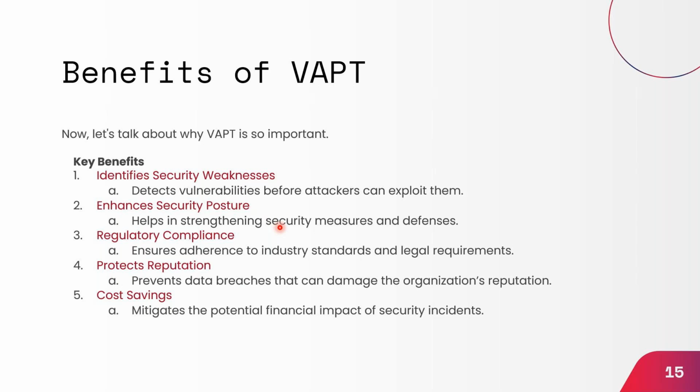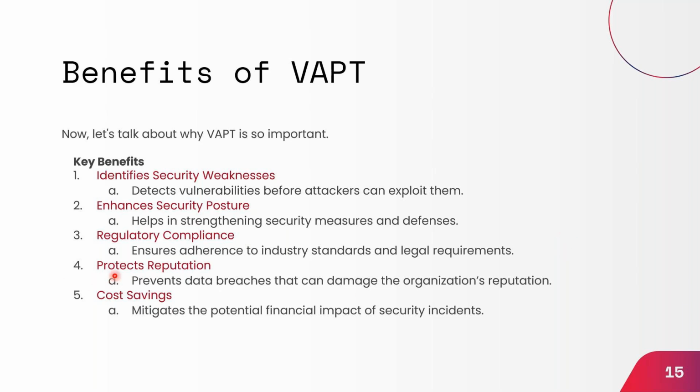We will get to know, and as per that, we can also create new security policies and implement them. Regulatory compliance ensures adherence to industry standards and legal requirements. Every organization may have to comply with a regulation, depending on the business they are doing and the data they are dealing with. So you will be compliant with that particular regulation.